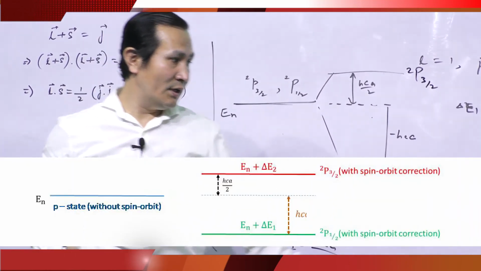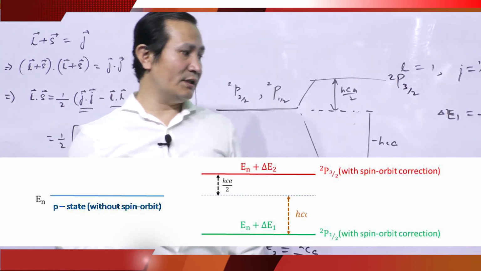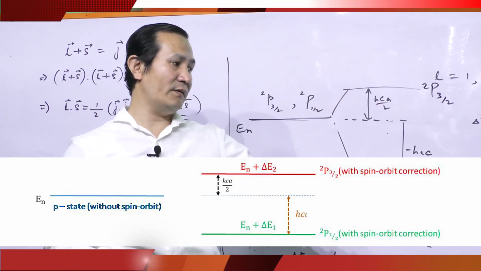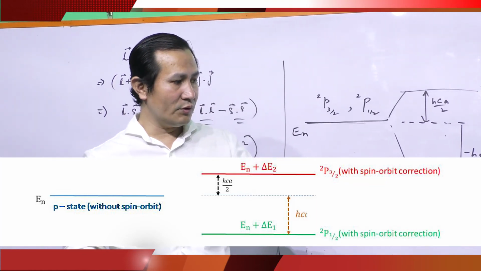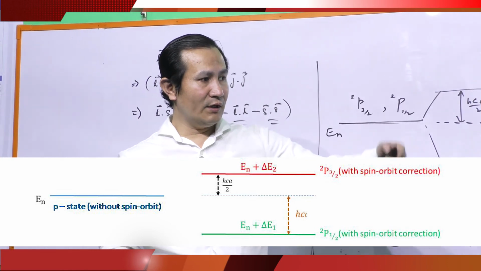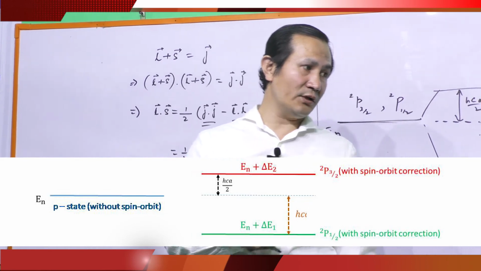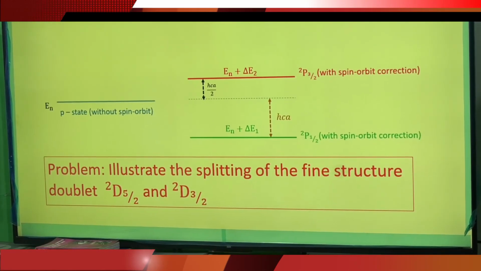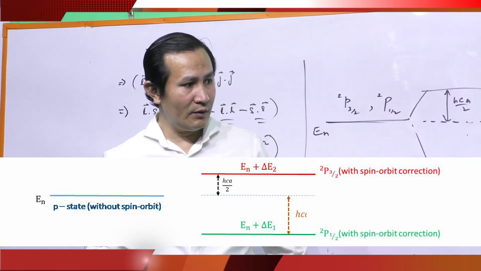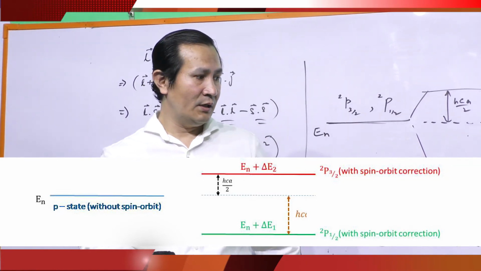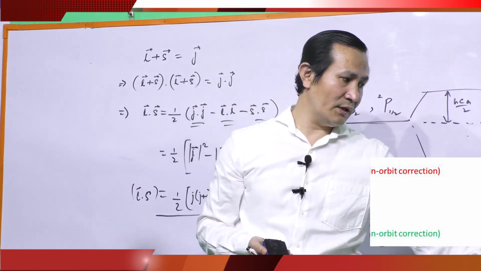Here I have shown the En state, the blue one, which is the energy level given by Bohr's theory, and the red one above is the energy level for the state 2p 3 by 2 when spin orbit interaction energy is added, and the last line, the green line, is for the 2p 1 by 2 state.